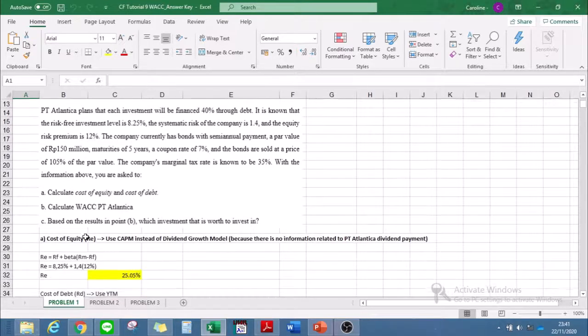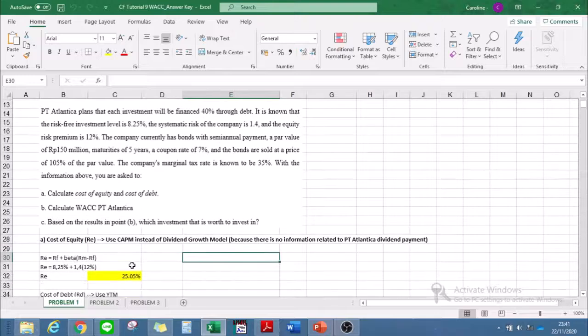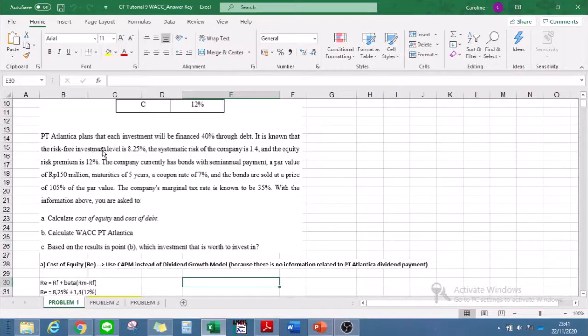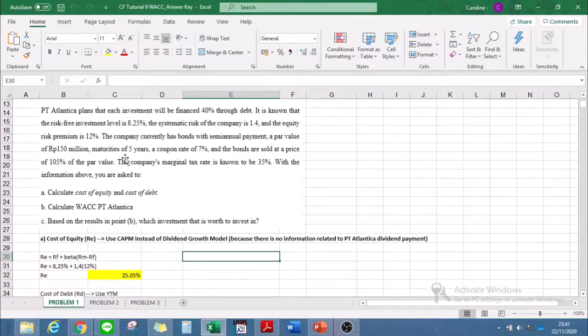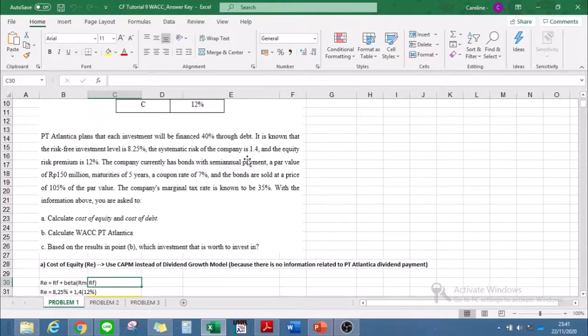So using the CAPM, we can use this formula: RE equals RF plus beta multiplied by RM minus RF. You're given the risk-free investment level at 8.25%, so you just need to plug in the number 8.25% with the beta of 1.4.